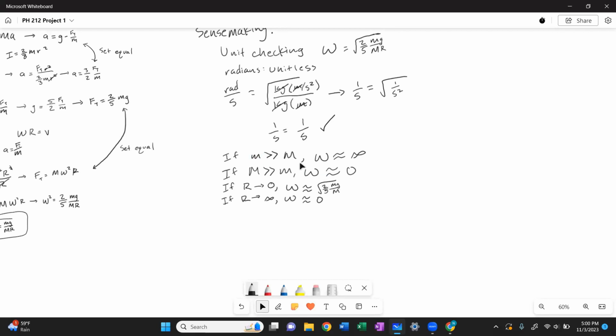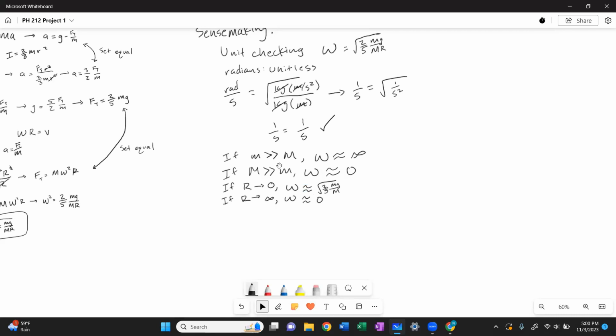If little m is much greater than big M, then omega will be about infinity. And I guess this makes sense because if we think about the pulley, the big mass won't be able to pull down the little mass much at all, which means that the turntable will keep spinning with a high angular velocity.